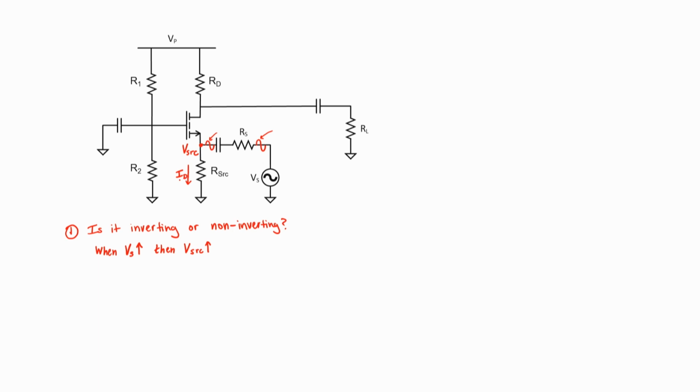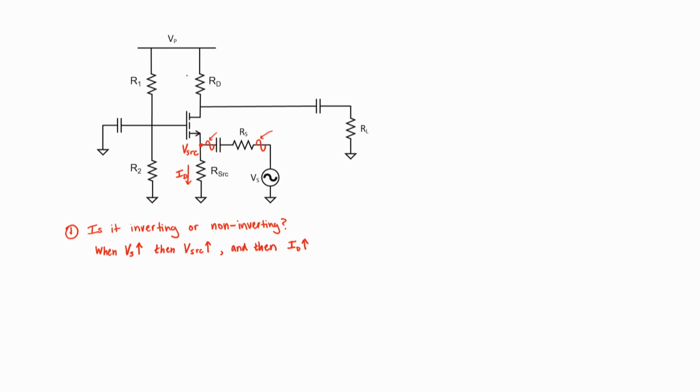I'm labeling it I sub D because D stands for drain, so I'm assuming that the source current equals the drain current. That's a very reasonable assumption with MOSFETs because the gate is pretty much isolated from both the source and the drain. Because ID equals V source divided by R source, the drain current should increase here as well.